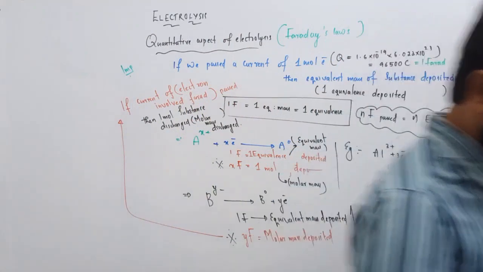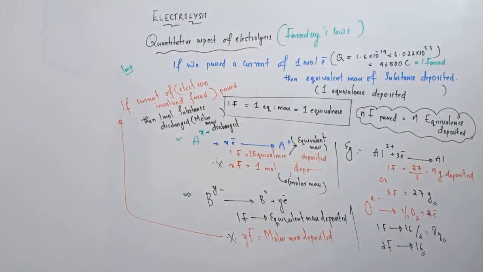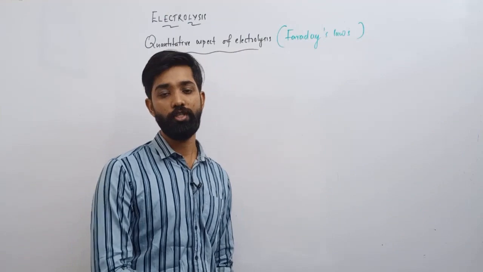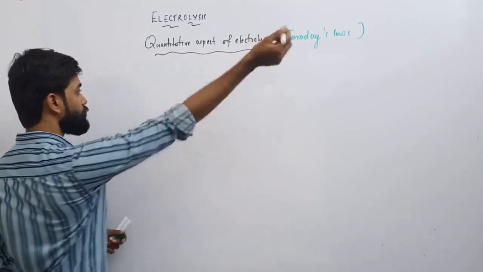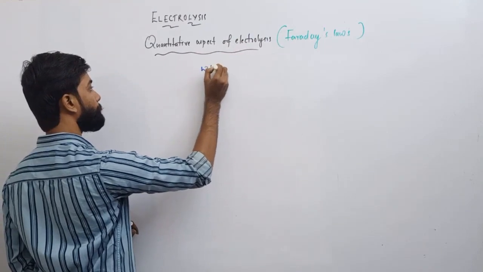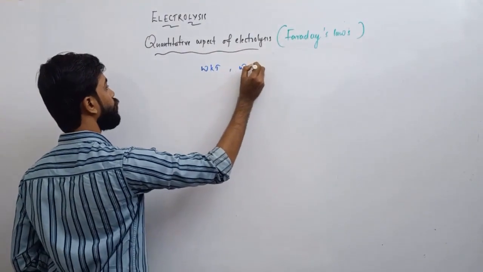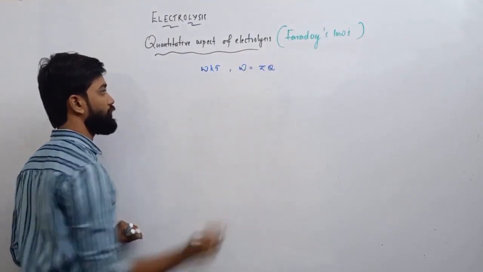Ready? Let me modify the equation of your Faraday's first law using this. This connects the equivalent concept with Faraday's law. We know that W equals ZQ, or ZIT.